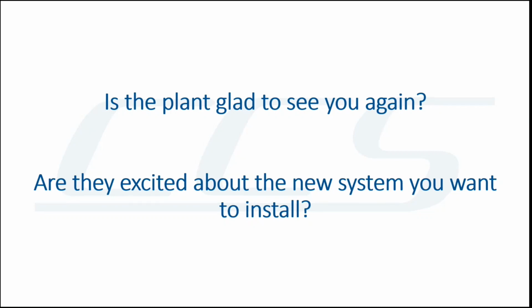Another thing is, are they even excited about the new system you want to install? Operators are very good at letting you know about any problems they have. And if they give you a laundry list of, hey, these are the issues I have with this, they're probably not excited. So these are things that you want to not have to answer negatively. You want them to be excited when they see you.